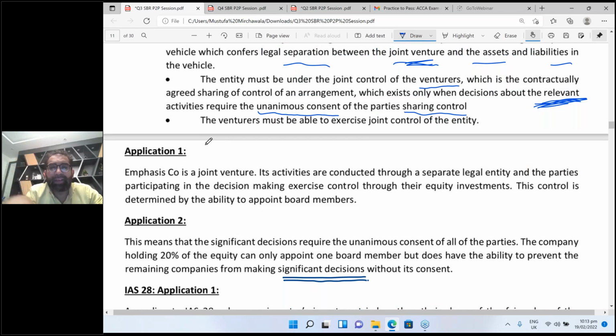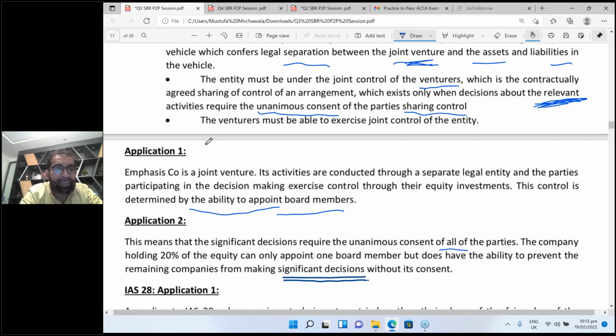The parties participating in the decision making exercise control through their equity investment. This control is determined by the ability to appoint board members. This means that significant decisions require the unanimous consent of all parties, including that 20% guy.